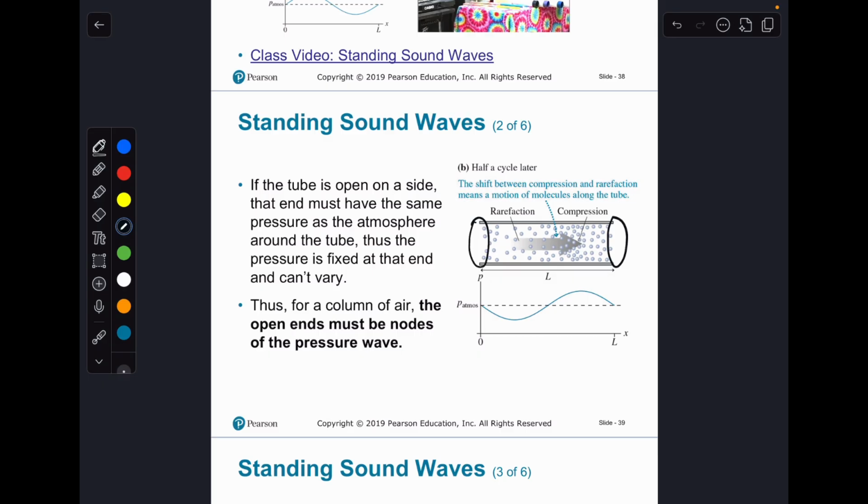Well, that's because at the opening, the pressure in that tube must equal atmospheric pressure. So we're forcing the condition. We're not allowing the pressure to vary, just like at the boundary, we're not allowing the displacement of the string to vary. And so the openness of the tube is going to act like a clamp on the string, and you're going to have a node at the open end of a tube. So nodes appear at the open end.